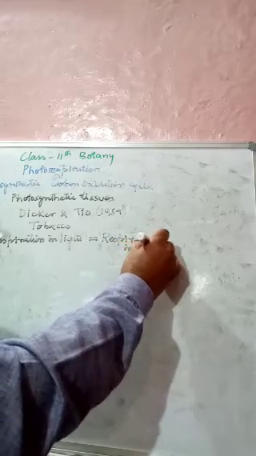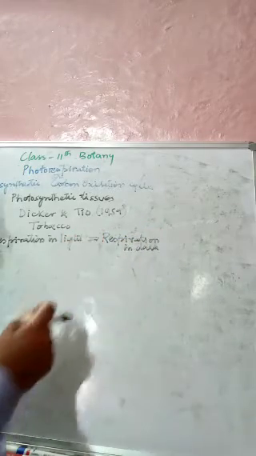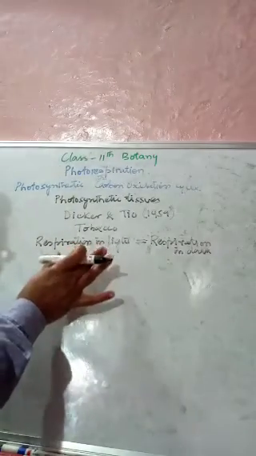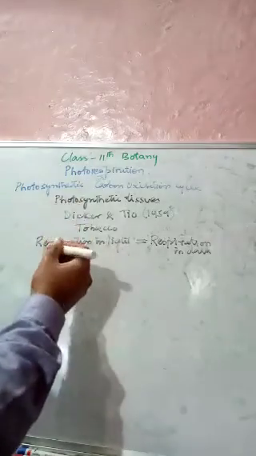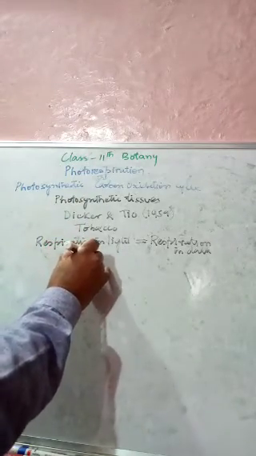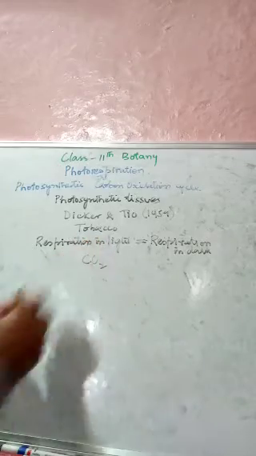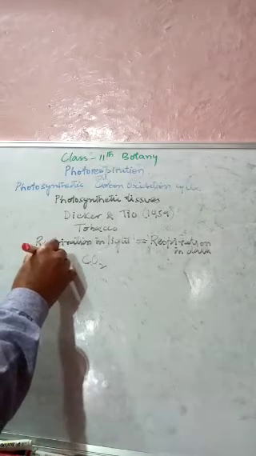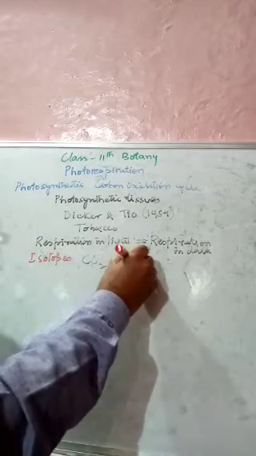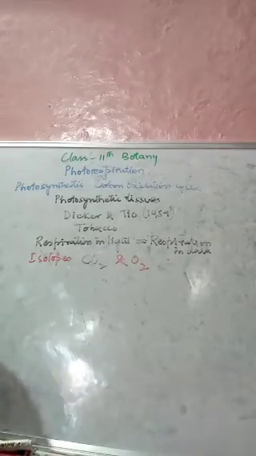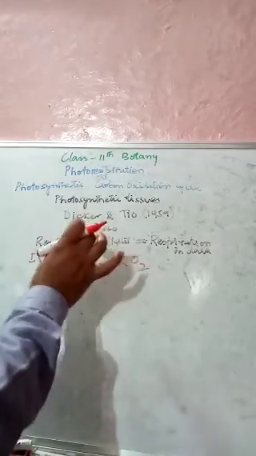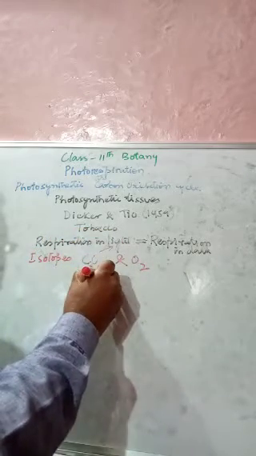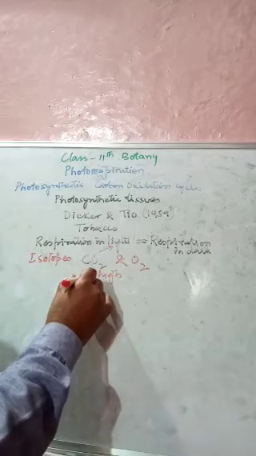But that was the early stage. When the work was done with the isotopes of carbon dioxide and oxygen, it was shown that respiration is indeed very much high in light.